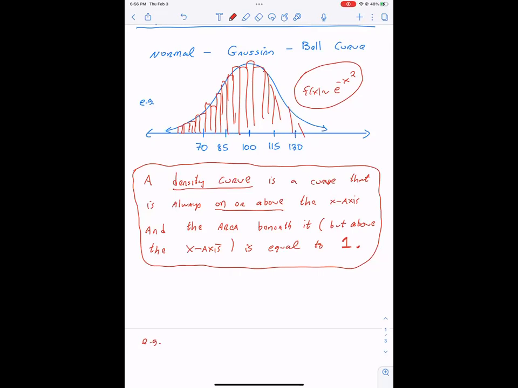The histogram represents the results of a sample. The density curve represents the underlying model that you believe the entire population follows.